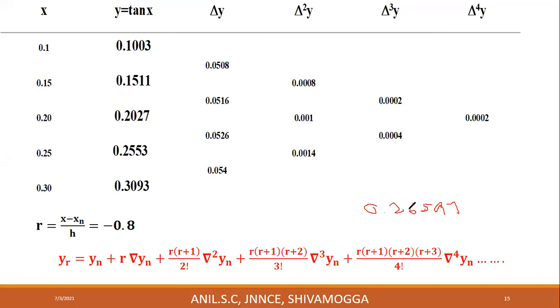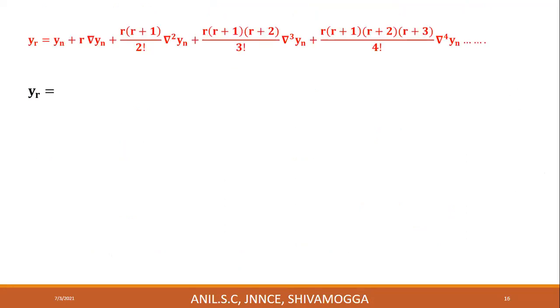I got 0.266, which can be approximated to 6. Therefore, this is okay. You can take this answer 0.26597.